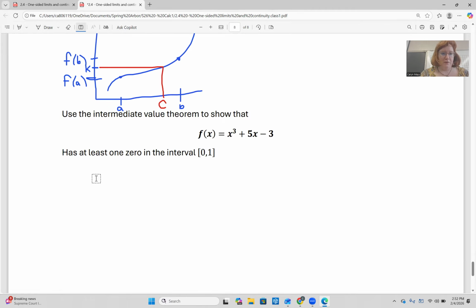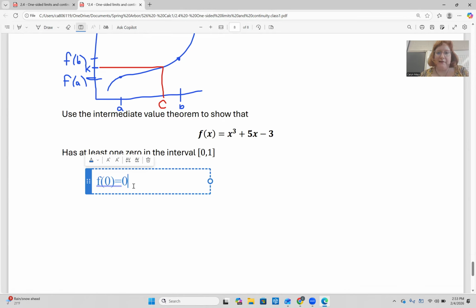If I plug in 0, I get 0 cubed, which is 0, plus 5 times 0 minus 3. What is 0 plus 0 minus 3?